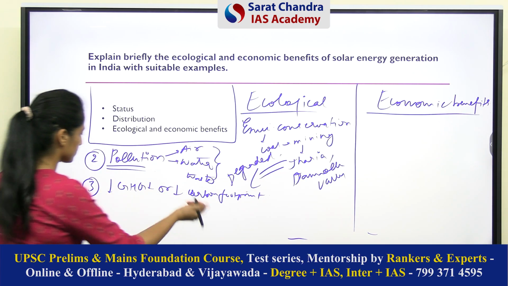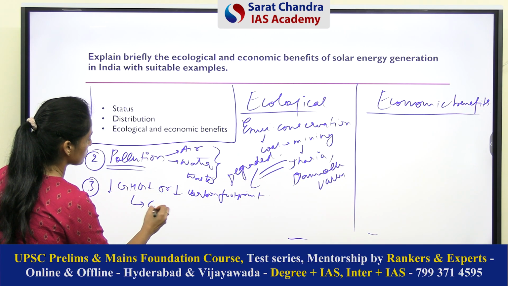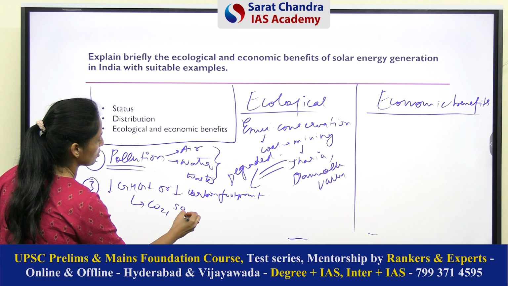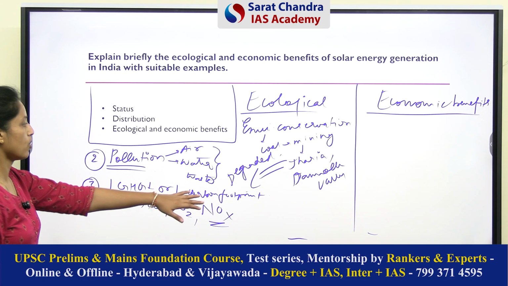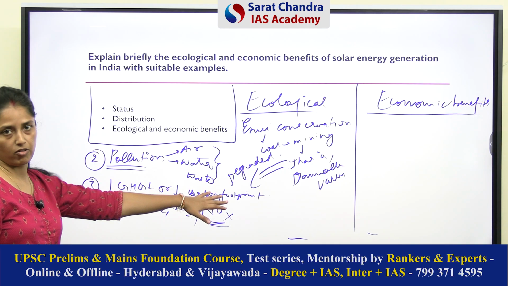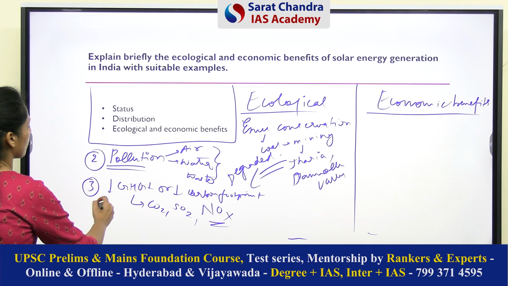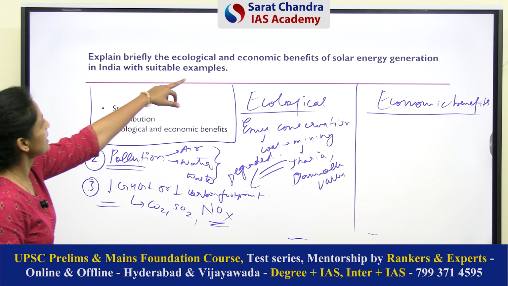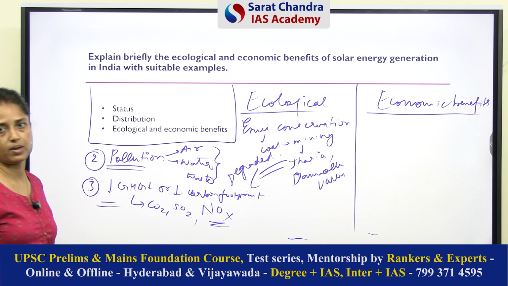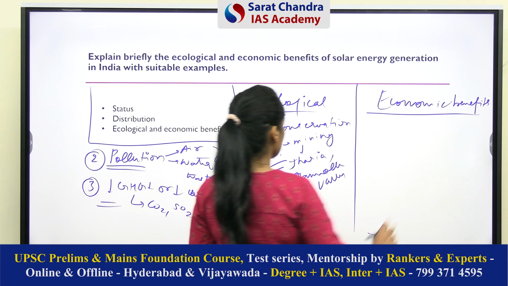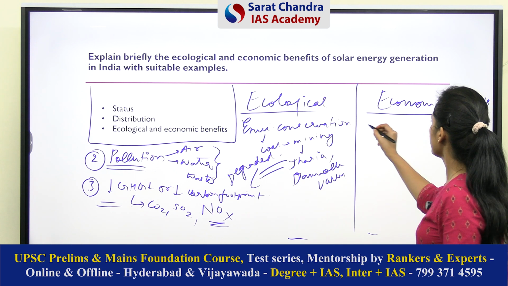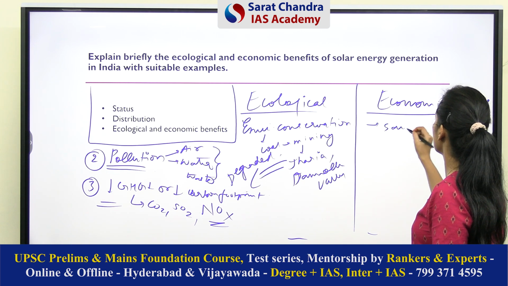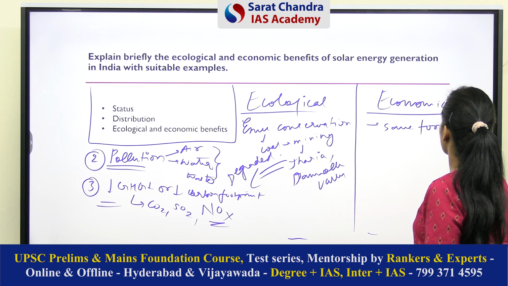Because there will be emissions of carbon dioxide, sulfur dioxide, and oxides of nitrogen from the thermal power plants. So all these things can be avoided in solar energy plants.